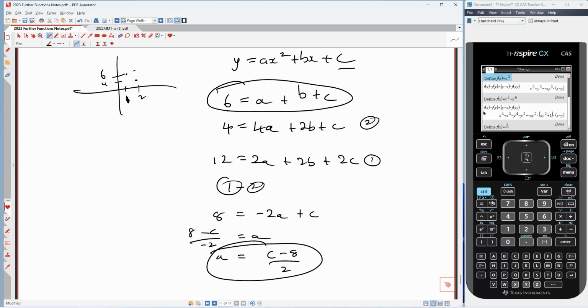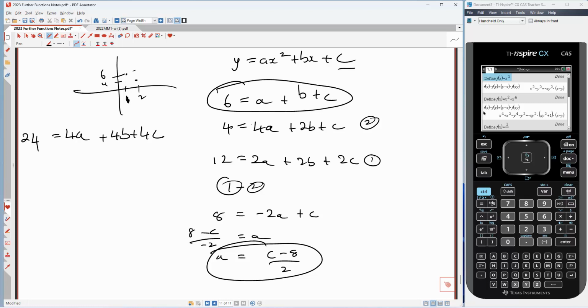Now I'm going to do the same thing for these equations, except this time I'm going to eliminate a. Should I sub that for a? No, I think it's going to be easier if I just eliminate. To do that, I'm going to multiply this top one by 4. So 24 equals 4a plus 4b plus 4c.